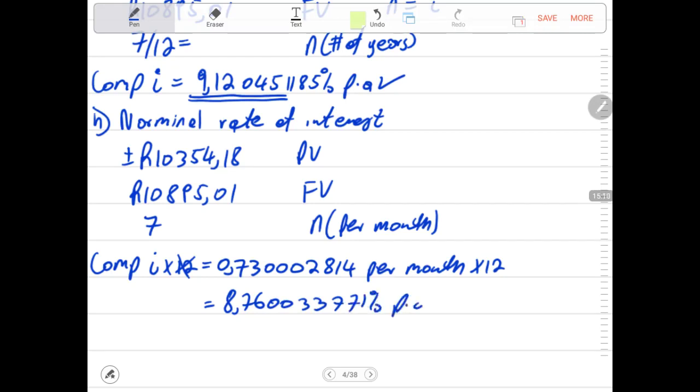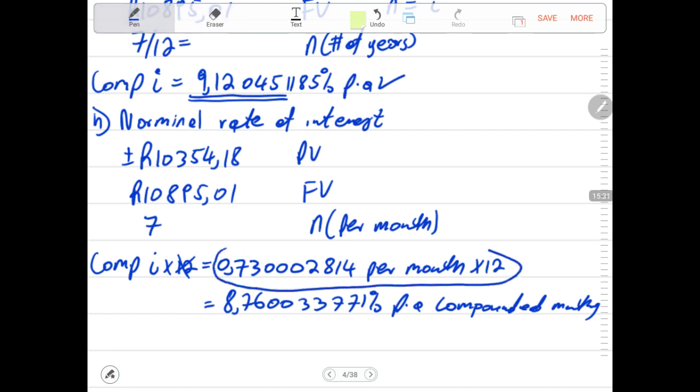Then it will give us the interest for the year compounded monthly: 8.7600337771% per annum compounded monthly. So this one is per annum but compounded monthly. But how much is it for every month? Every month, this is the interest that we are earning.